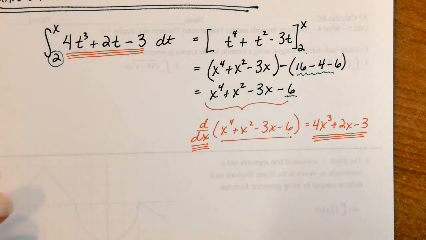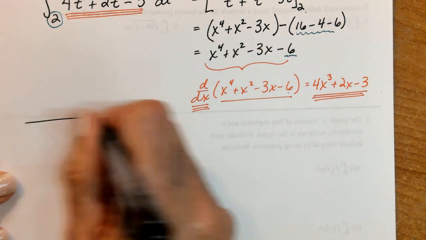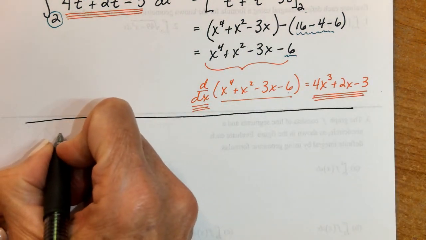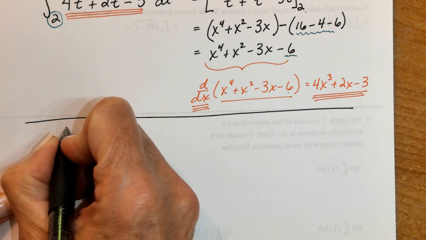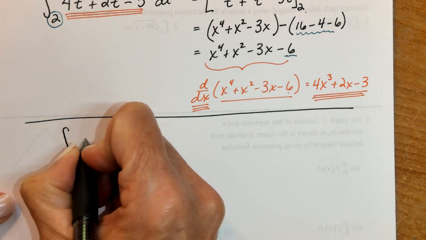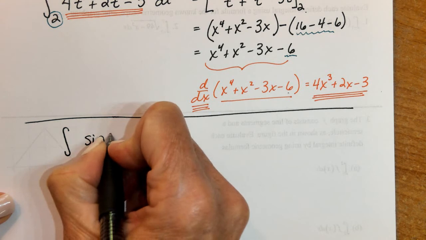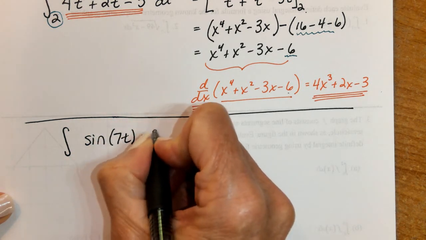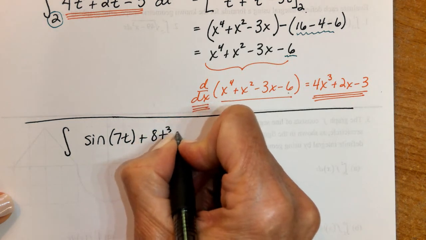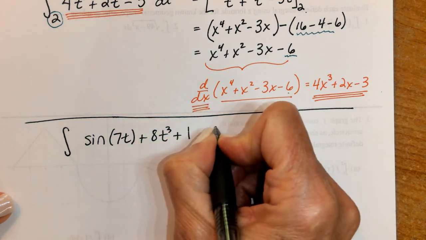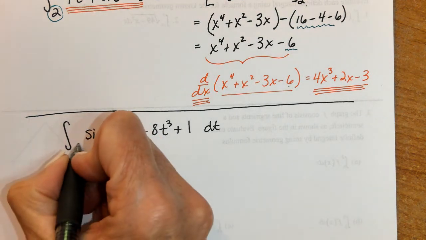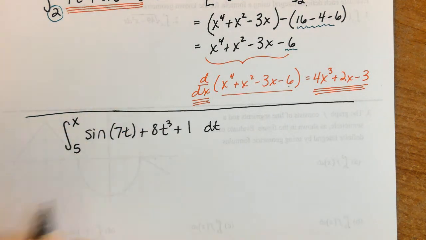So if we follow that pattern, what if we had the integral of sine of 7t plus 8t cubed plus 1 dt, and let's take this from 5 to x, okay?